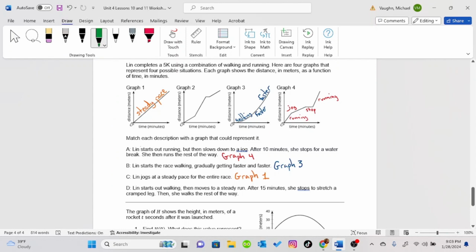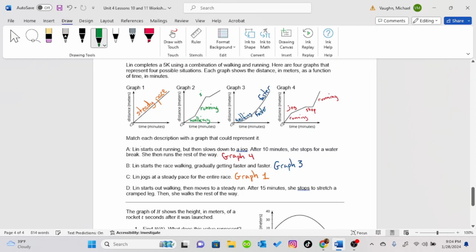And lastly, Lynn starts out walking, then moves to a steady run. After 15 minutes, she stops to stretch a cramped leg. Then she walks the rest of the way. So here we have walking, then running.